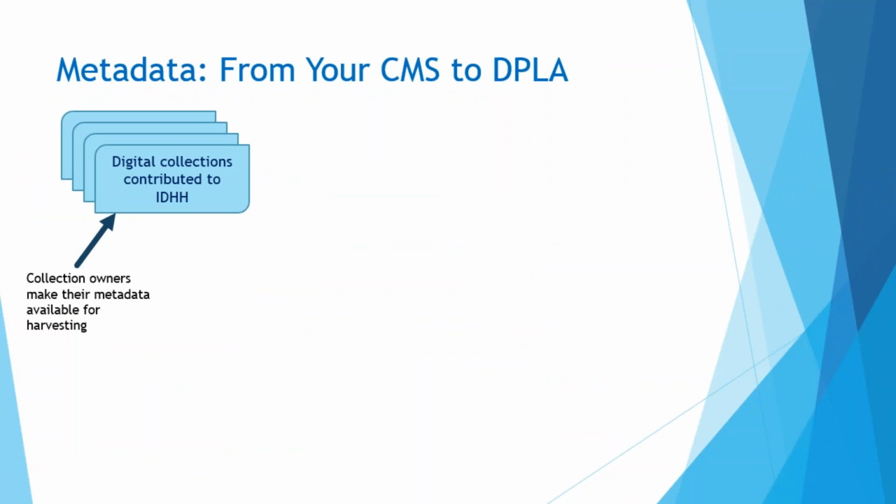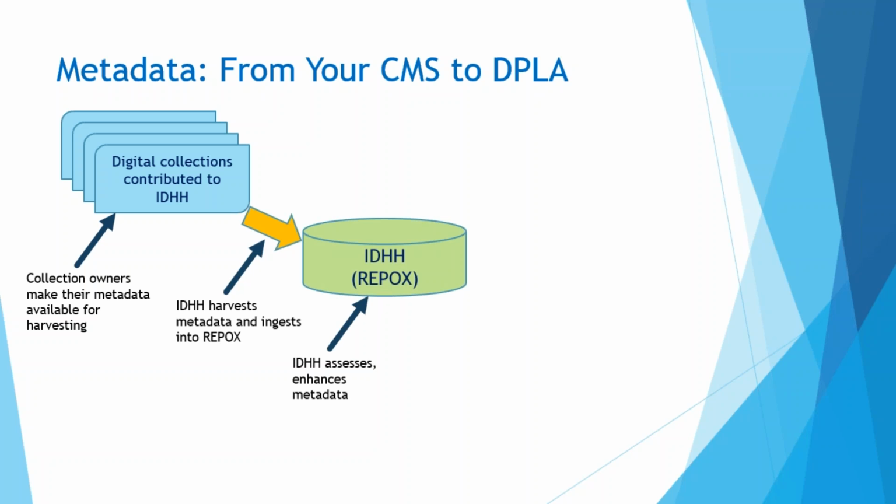This diagram shows how IDHH contributes metadata to DPLA. On the top left, you see the many digital collections that are being contributed to IDHH. This metadata is available for harvest via an OAI-PMH feed, and then that goes into a REPOX server.